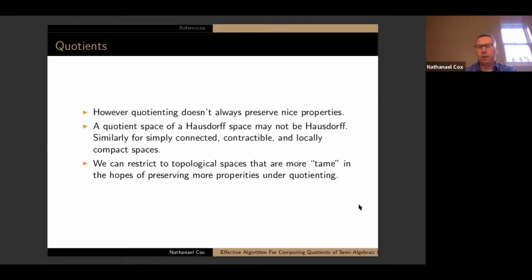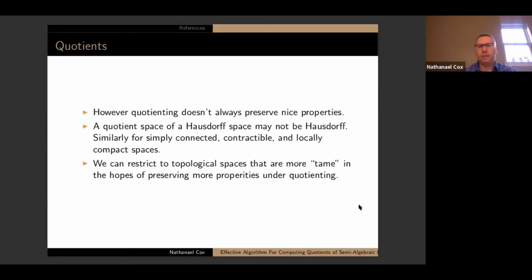The particular restriction I'm going to be focusing on is called an o-minimal structure. If you don't know exactly what those are, think semi-algebraic sets, which are sets defined by polynomial equalities and inequalities.